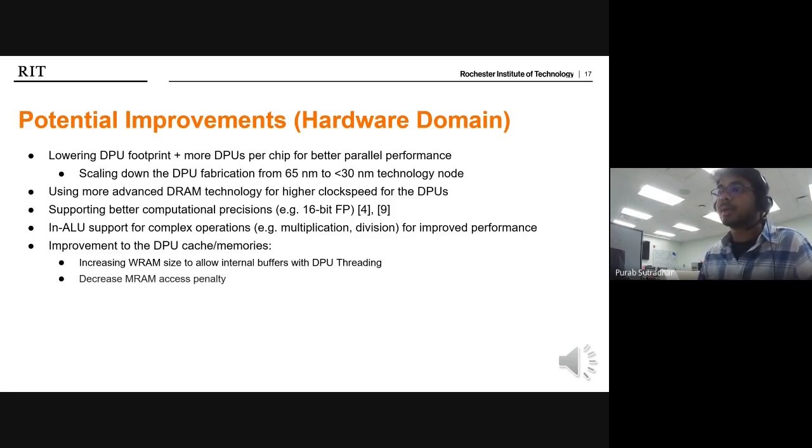Another potential improvement is supporting complex operations such as multiplication and division straight in the ALU. Because right now, in our implementation, the compiler implemented multiplications using a stream of additions, which were issued as separate instructions. If there was a way to implement multiplications as a single instruction, that would probably be more optimized.